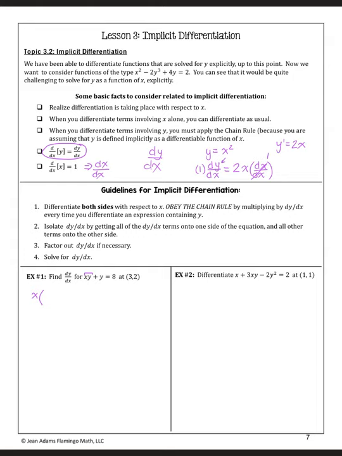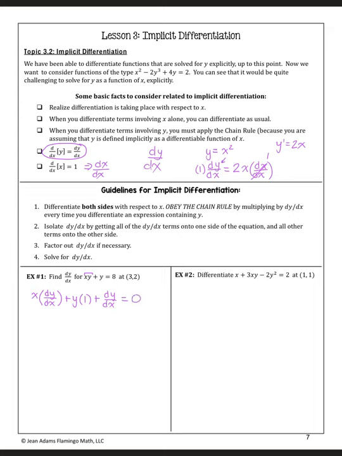The derivative of y is 1, and just remember that we need dy dx every time we differentiate y. Plus the second times the derivative of the first. Now the derivative of y again is 1, but I need to obey the chain rule and tack on a dy dx. And the derivative of 8 is 0.